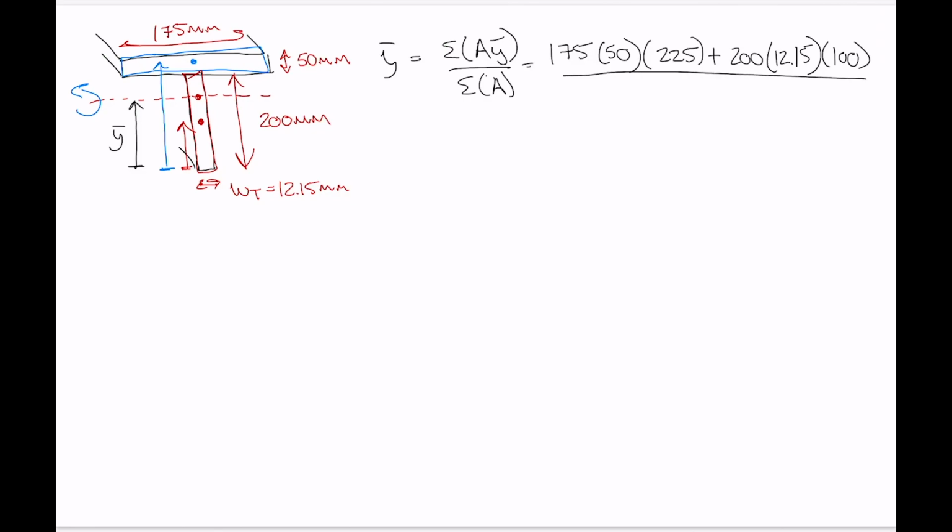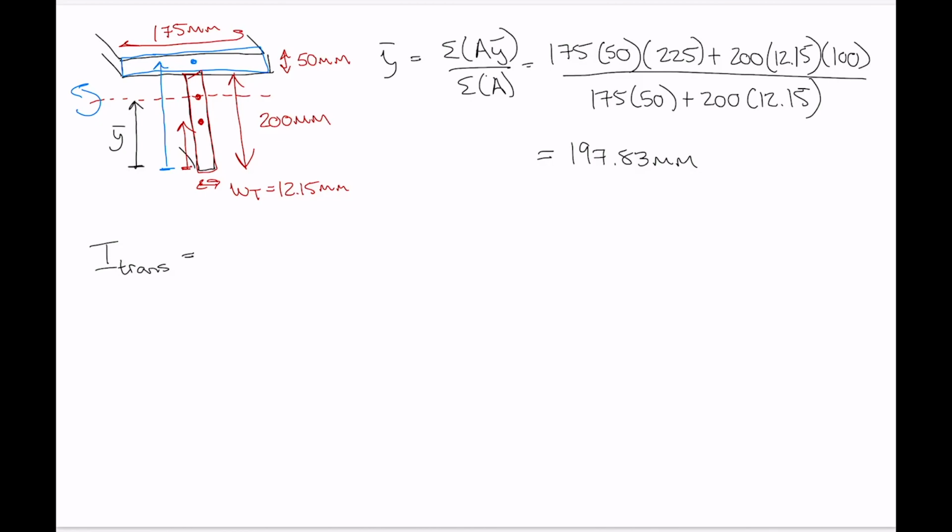And then we're dividing by the summation of the areas. So 175 by 50 plus 200 by 12.15. Okay. Equals, what do we get for that? 197.83 millimeters.